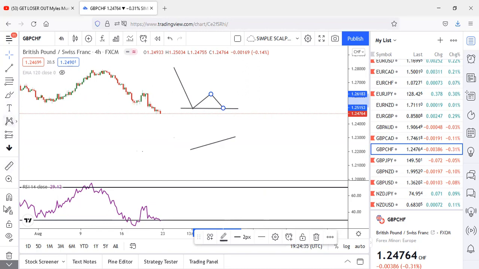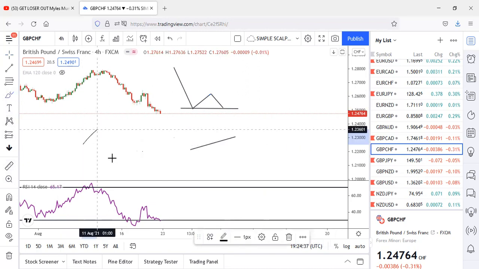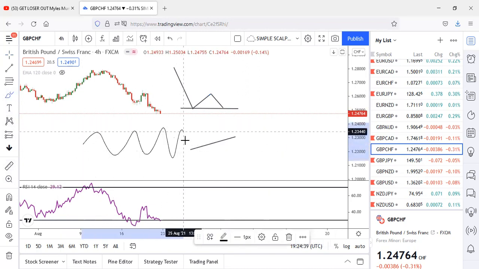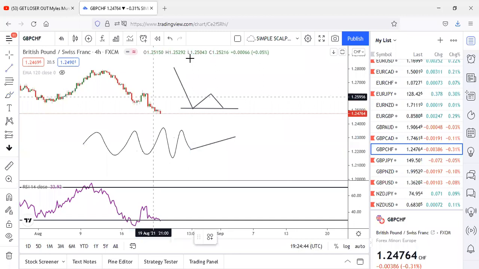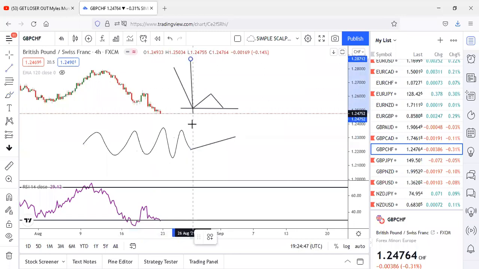If it is coming this way, okay, and now at the same level where we have this last low, take a vertical line down. Now, the moment price comes into this same level, take another vertical line on the same level down.